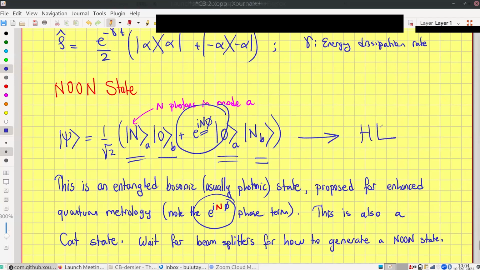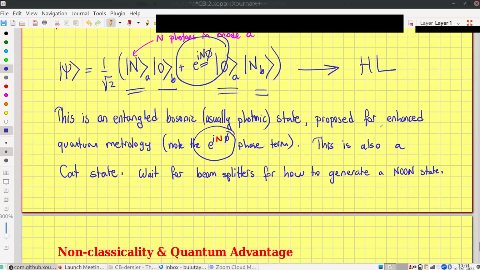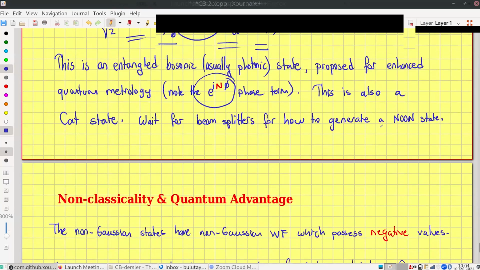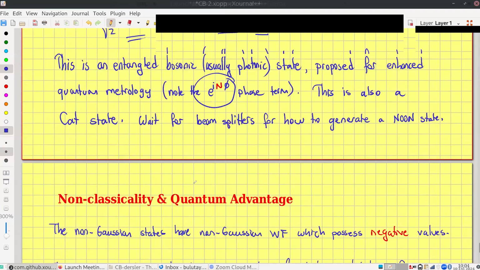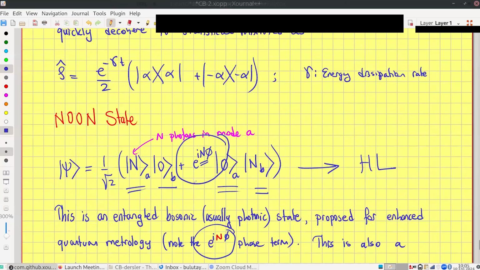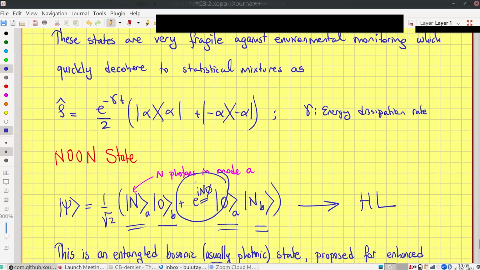Okay, people at least on paper have shown how to attain this. And you have, as I said, quantum advantages in sensing, metrology, and all other fields with these non-classical states, including squeezed states, which are Gaussian, but they have quantum advantage. Okay, so that's it.